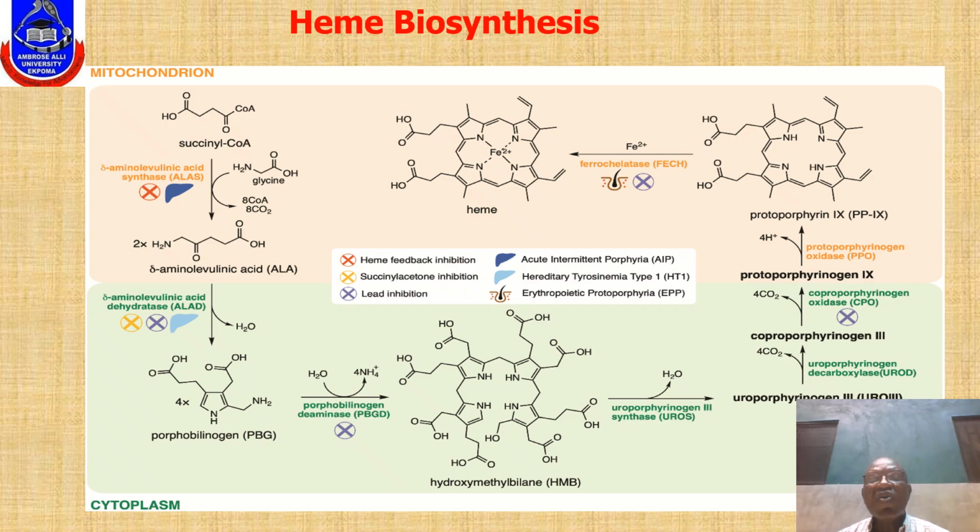The first step occurs in the mitochondria. The intermediate steps occur in the cytoplasm. This pathway eventually produces heme. Now, let's look at the biosynthetic pathway.